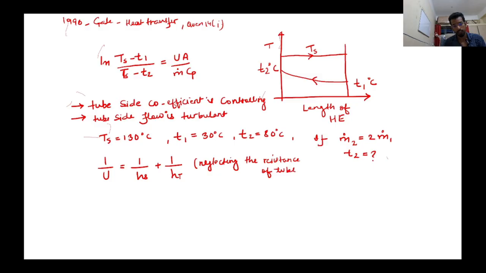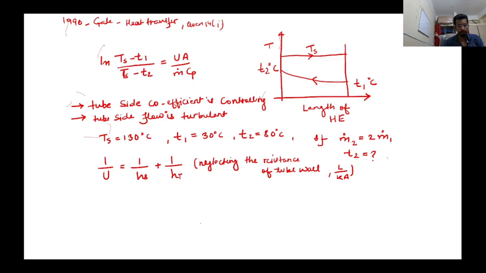We are neglecting the tube wall resistance here, which is L upon Ka, because it is not given in the question.